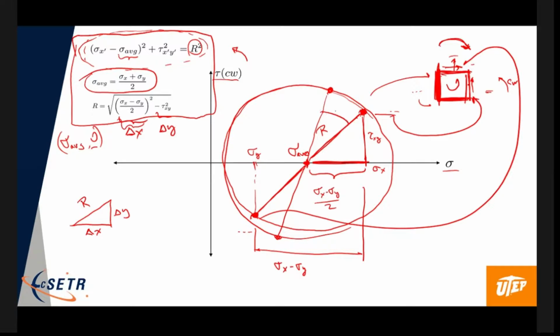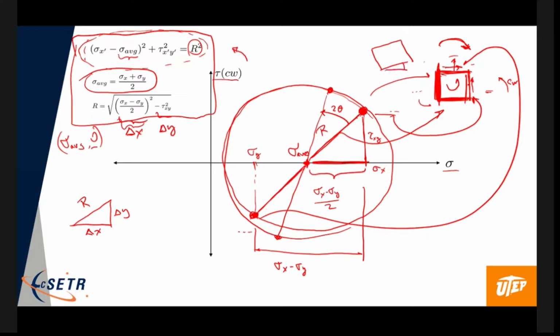So this rotation here is actually 2 theta. Okay, so this point and this point here, that corresponds to the original given state of stress.